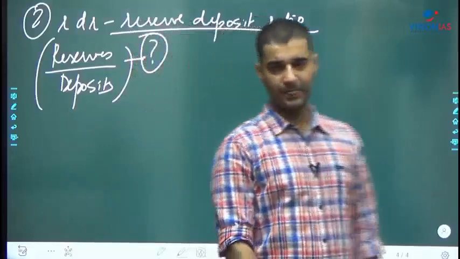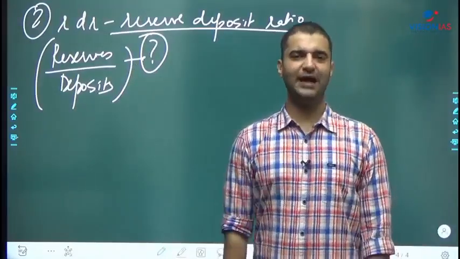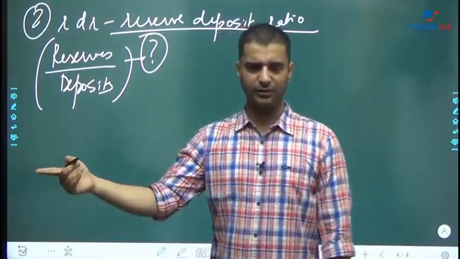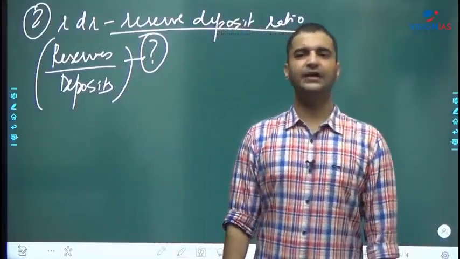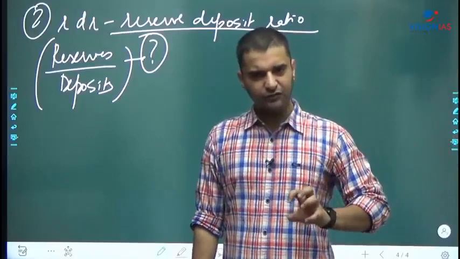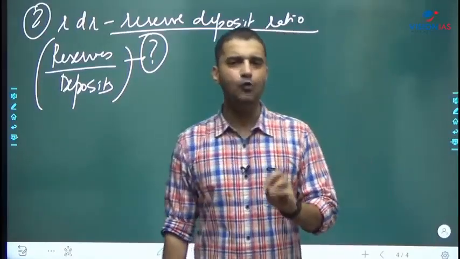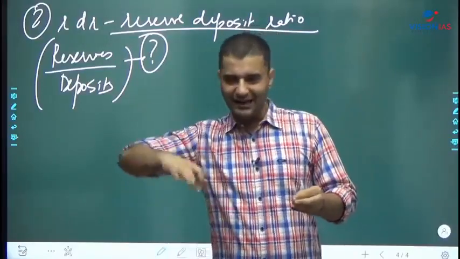Reserves we discussed in our money creation process by banking system. Credit creation process by banking system जो भी हमने discuss किया था. How does banking system create money? In that we discussed that bank receives some money in form of deposits, estimates how much money will be required by depositors and lends the remaining amount.